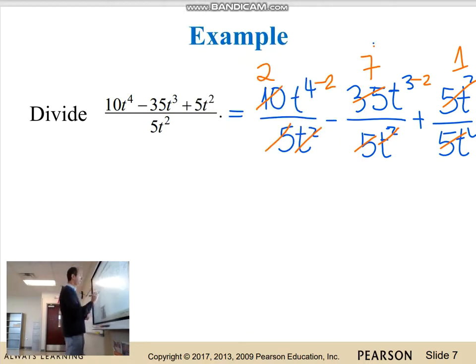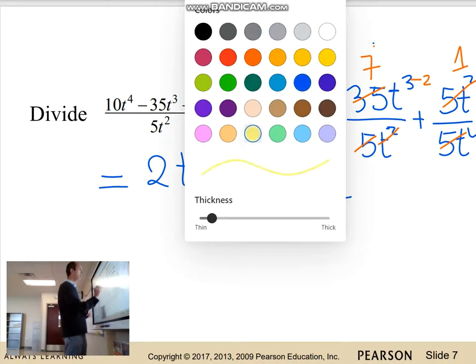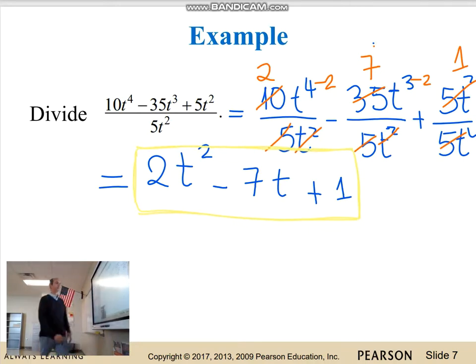Let's write down the result after all the simplifications: 2t squared minus 7t plus 1. Okay. This is going to be the answer after you work the division of each term and the simplifications that are possible.